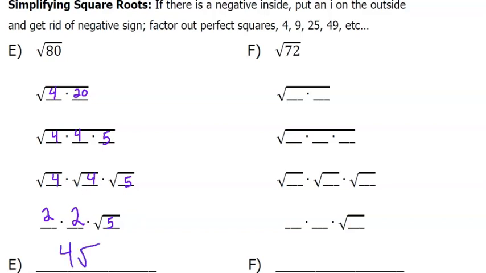So our simplified radical is 4 square root 5. So the square root of 80 is the same thing as 4 square root 5. 4 times 4 is 16. And 16 times 5 would be 80.